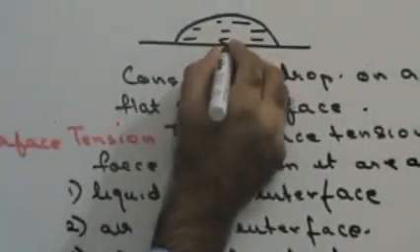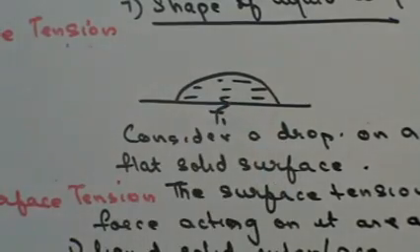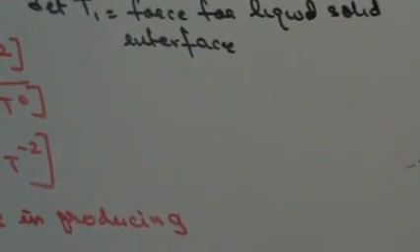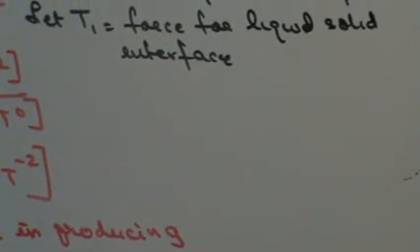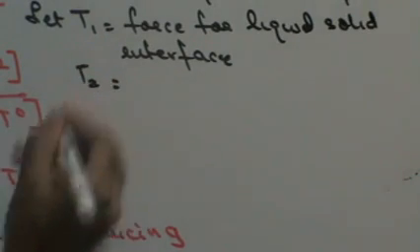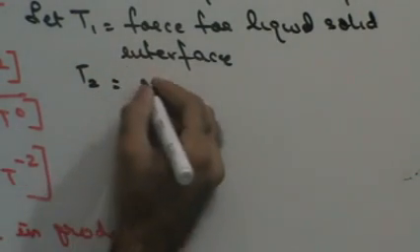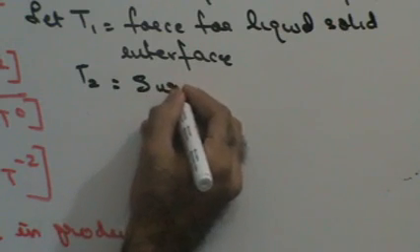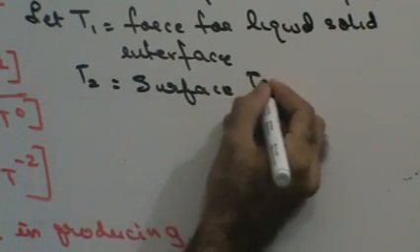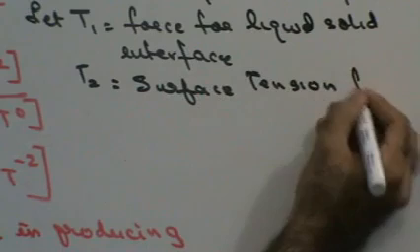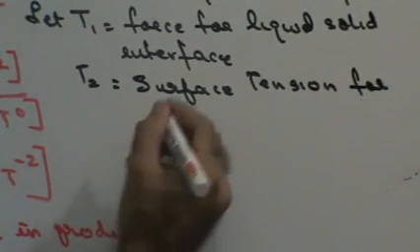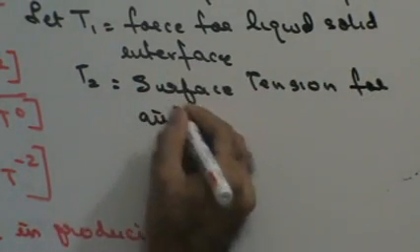So this force here is going to be T1, the force between the solid and the liquid. Let's consider that T2 is the surface tension or the force for, say, air and solid interface.